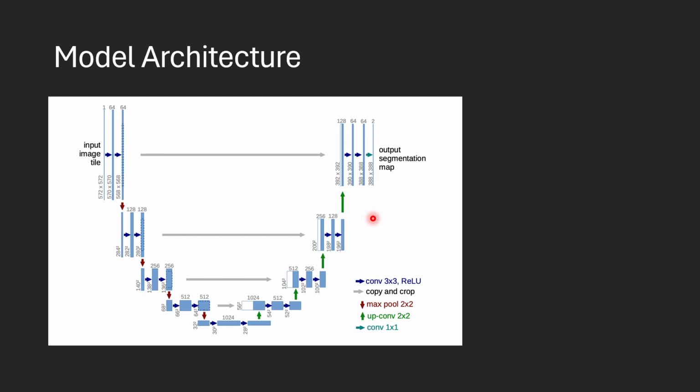Let's assume that I am currently at this level. Now I'll take the output of the double convolution, which is this rectangle here, and then I'll concatenate it with my previous level's double convolution output.